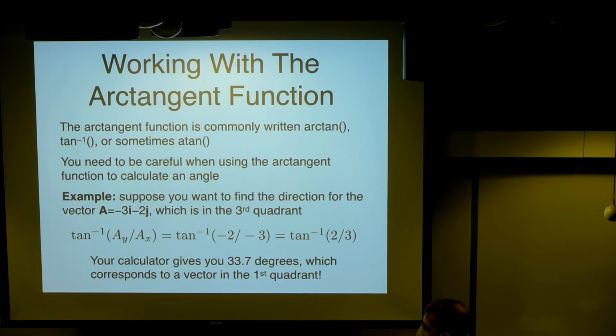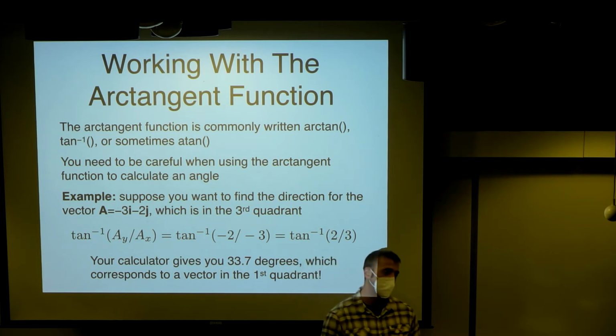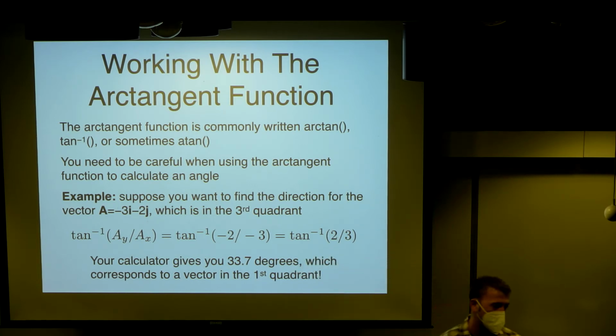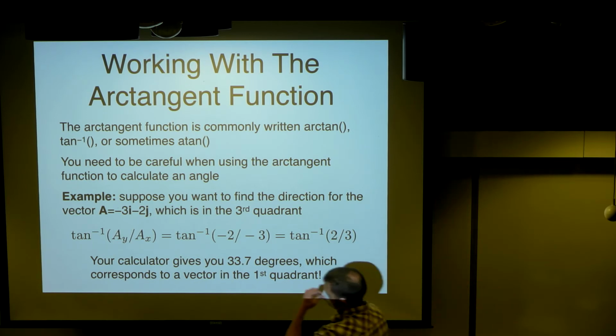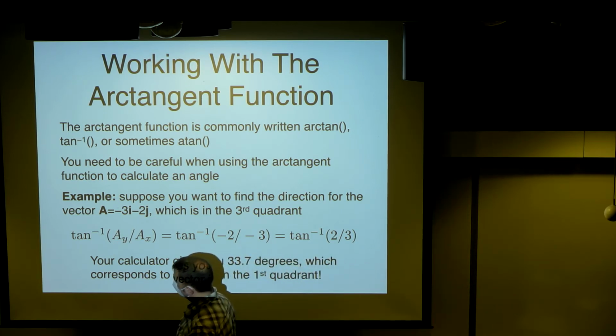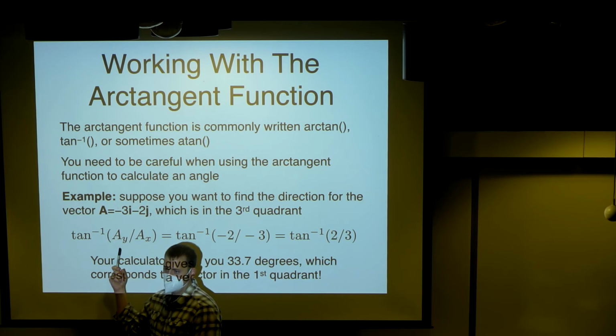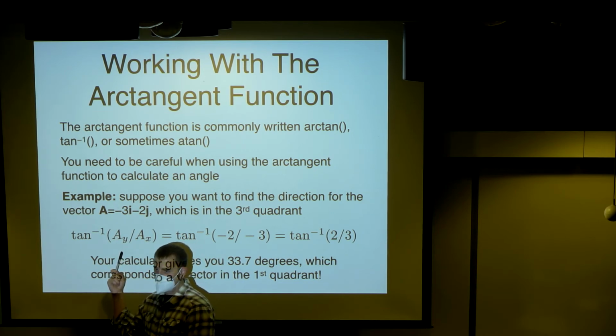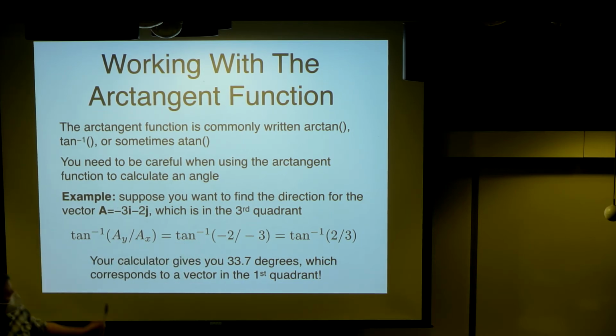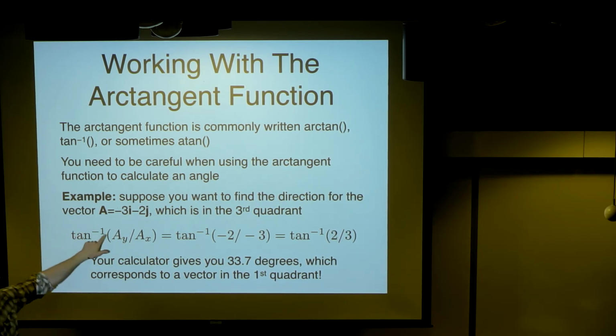But let's see if we plug these numbers into the calculator, if the calculator actually gives us something in that range. So remember, tangent theta is ay divided by ax, right? So if we took the inverse tangent of ay divided by ax, that should allow us to solve for theta. We can say theta equals inverse tangent of ay divided by ax.